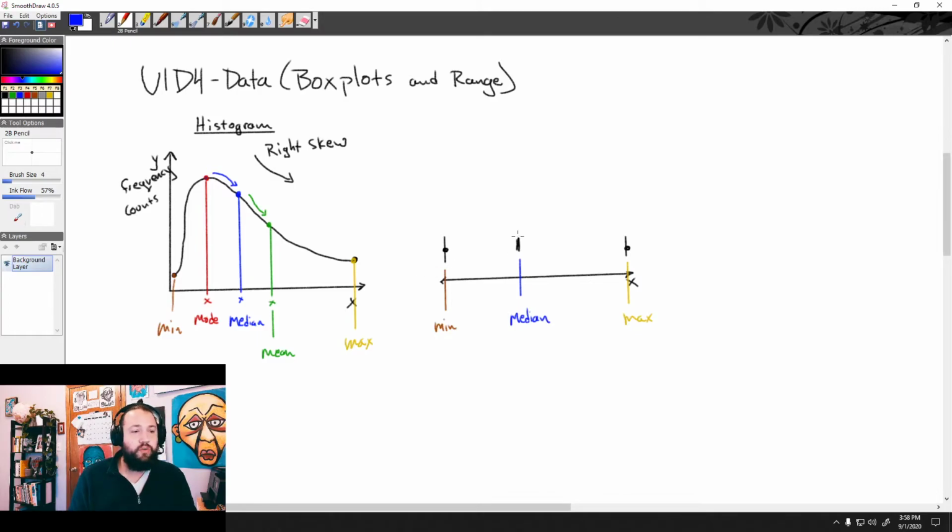Now, what's weird about a box plot is it wants to do two more cuts. And it wants to cut, this is going to be the top half of data here. This is the top half. And this is the bottom half.